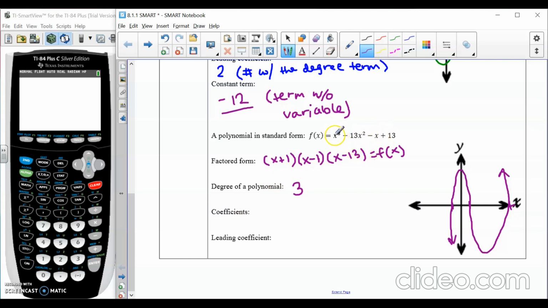Here, there's just going to be an imaginary 1 wherever there isn't a number, like in these two spots. So we have a 1, a negative 13, and a negative 1. Our leading coefficient belongs with the x cubed because that's the one that has the degree in it. So 1 is going to be our leading coefficient.